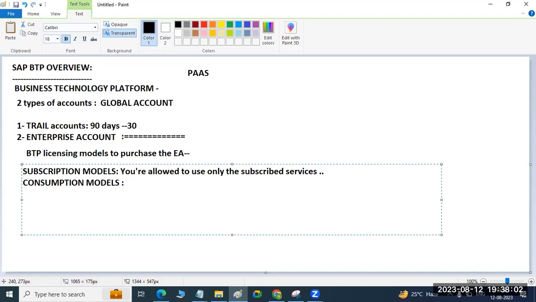Suppose initially you are in an agreement with your SAP support person. You want to use only 5 services, so you have to pay for those 5 services only. Whether you use them or not, you have to pay for those 5 services.